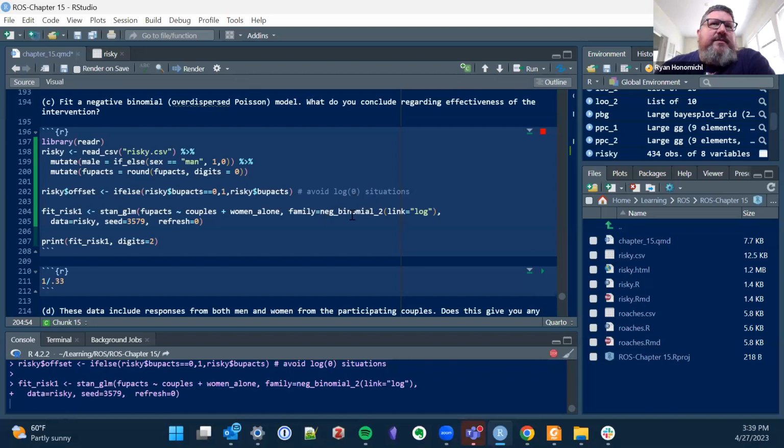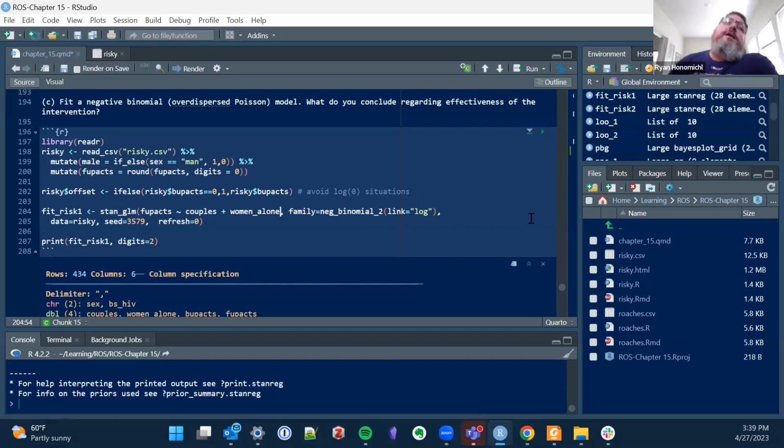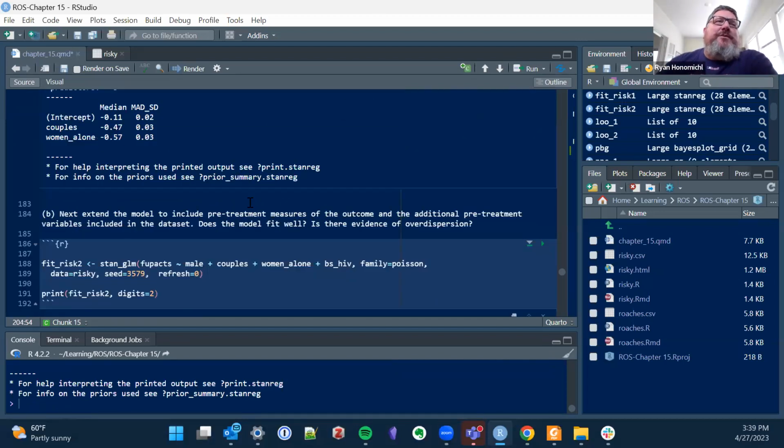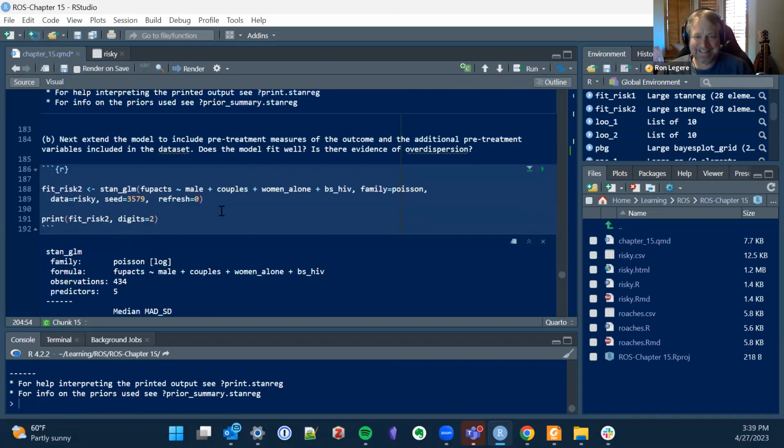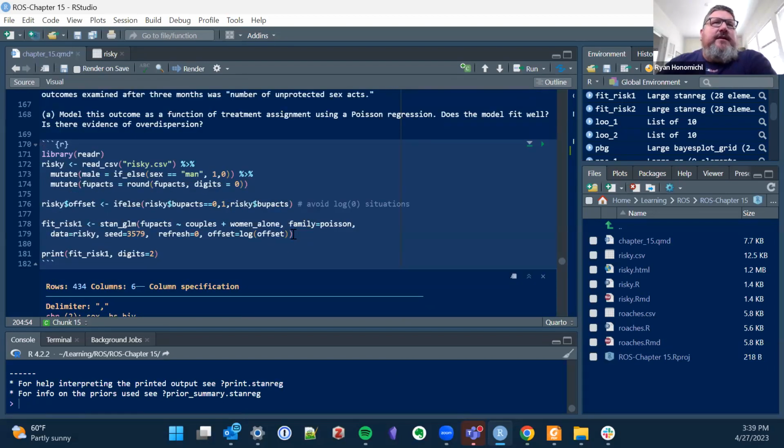The only thing that's different is I'm using negative binomial as the linking function here. You got to put that log offset in though. Dang it. This is why I need you with me at all times. I don't even think I did it for the first one either.